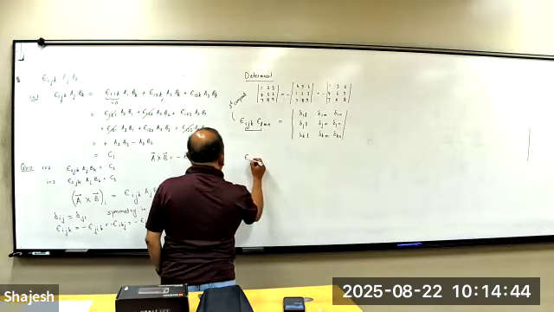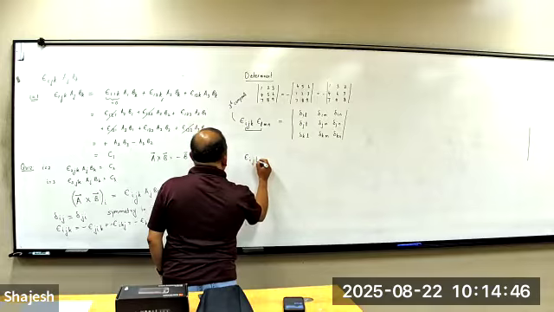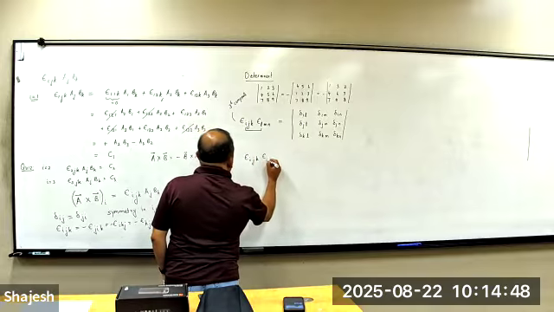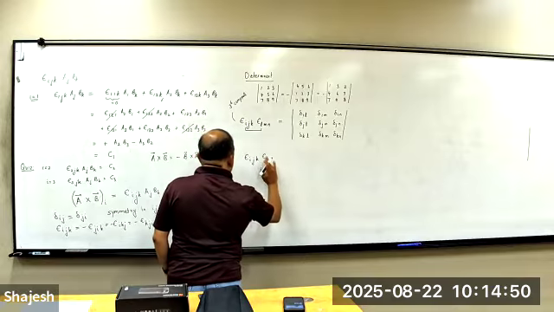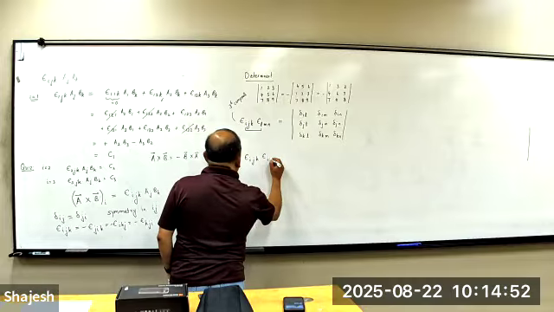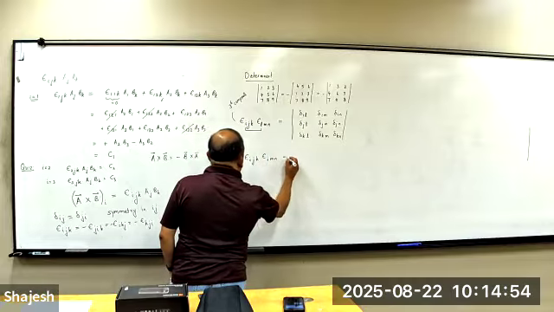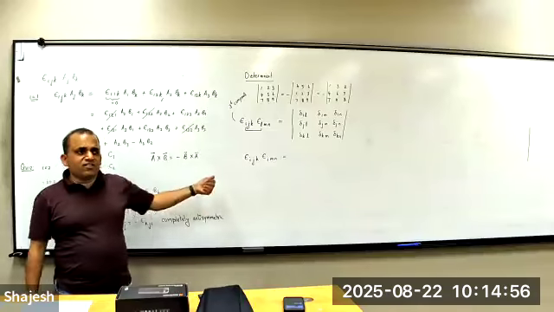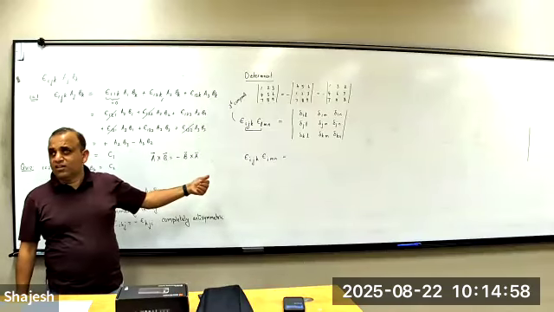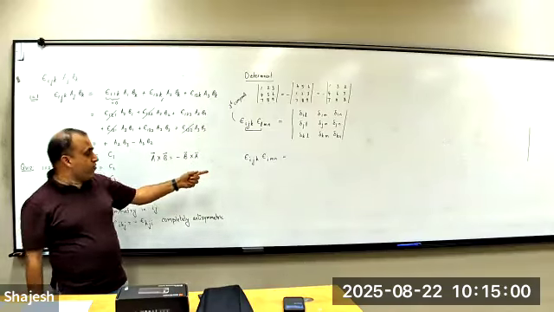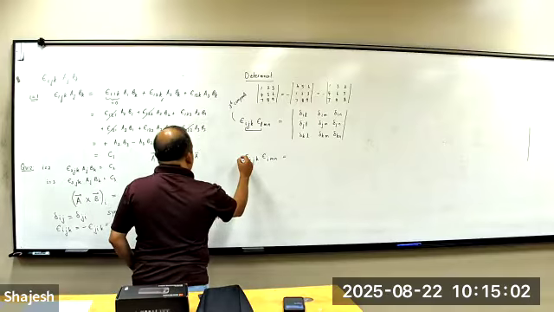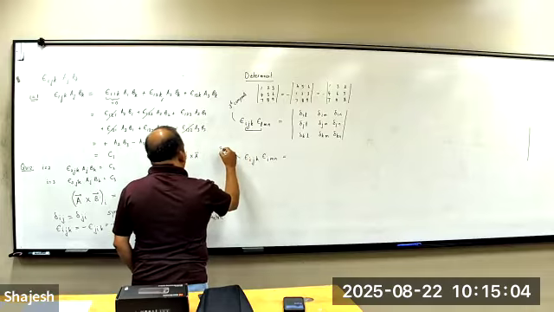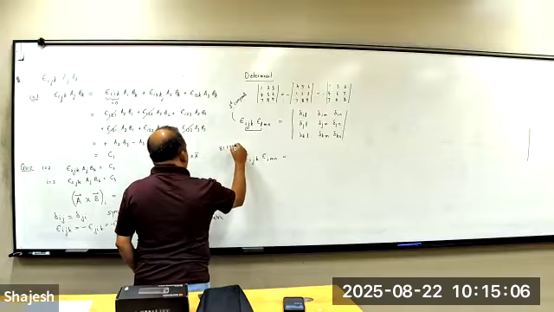So let's say this is I, J, K, and L now is, sorry, this is I, M, N. How many free indices in it? 4 free indices. How many components will it have? 81 components, right?